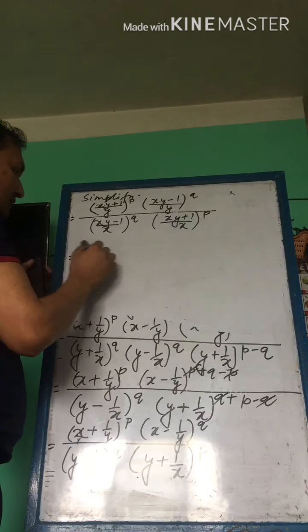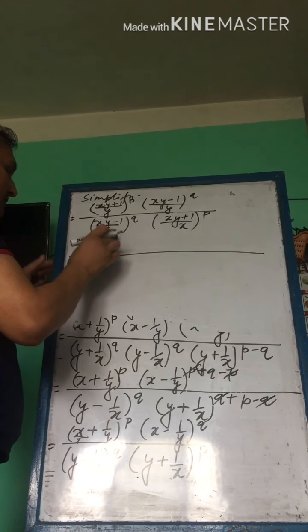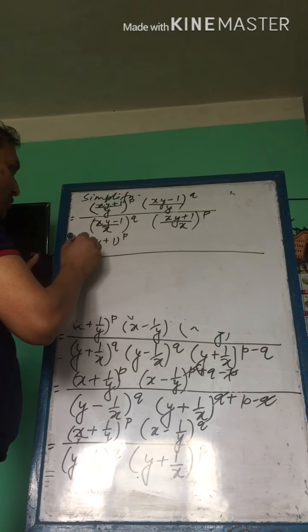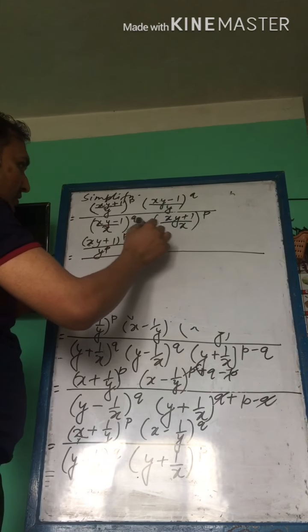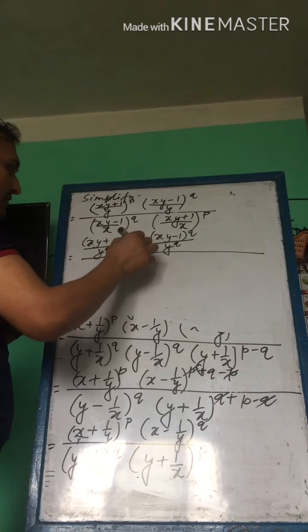This means xy plus 1 whole to the power p upon y to the power p. Over here also, xy minus 1 whole to the power q upon y to the power q. There is a multiplication sign.